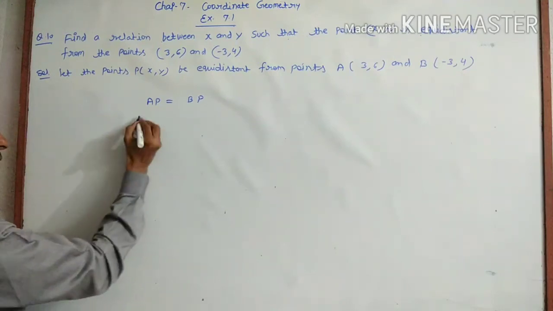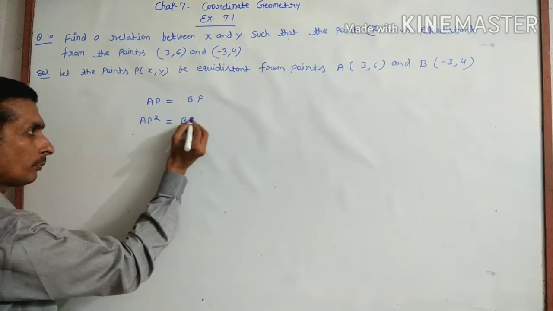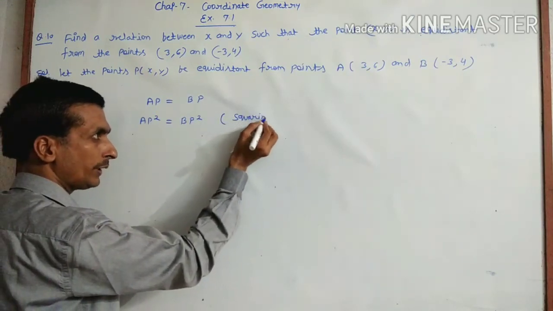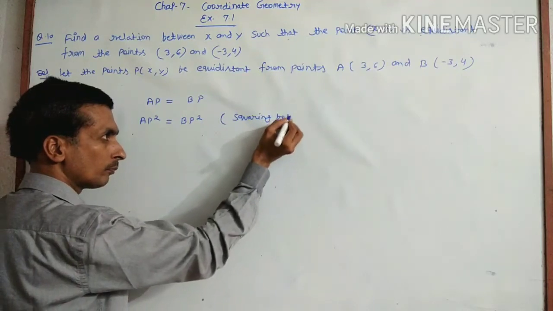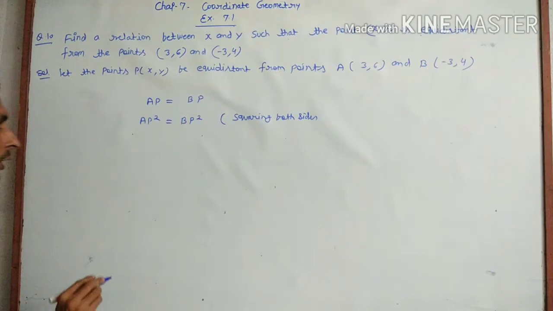Squaring both sides, you can write AP square equal to BP square. I think you can understand.